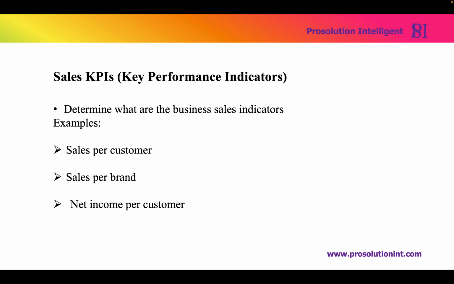Sometimes some customers bring more money to your business because the profit margin on the products they buy is higher than on others. So you have to give more attention to these customers because you will earn more money, and that's how you put KPIs related to these customers to make sure you give them more attention.